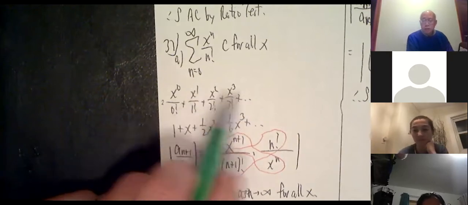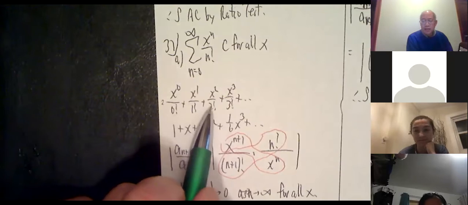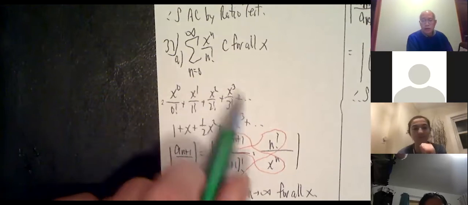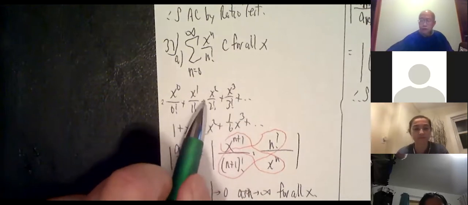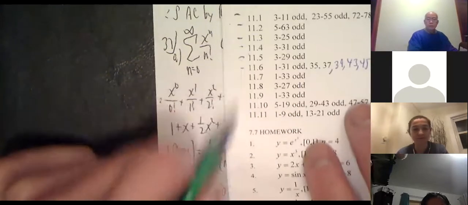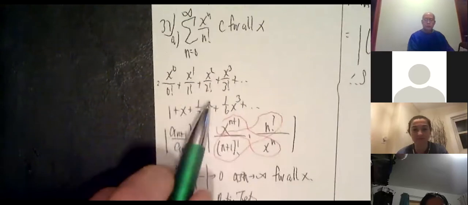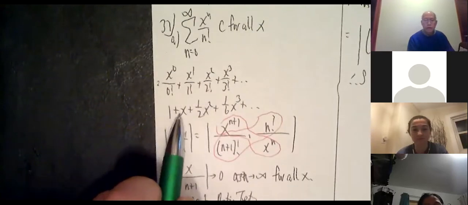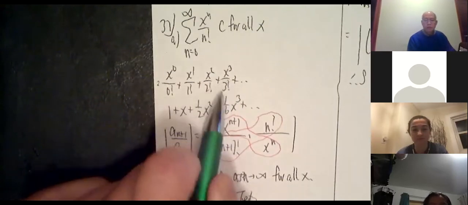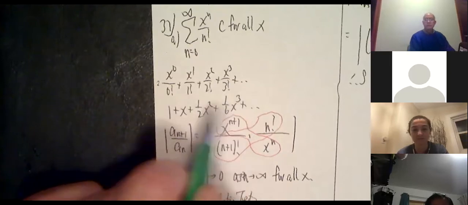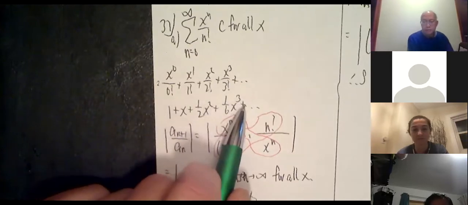Okay, this almost looks like a polynomial. In fact, it is. It's an infinite polynomial. We'll be doing a lot of these later on down the line for some of these later sections. And if you want to see what some of the terms look like, 1 plus x plus 1/2 x squared plus 1/6 x cubed. Sometimes I call this an infinite polynomial.